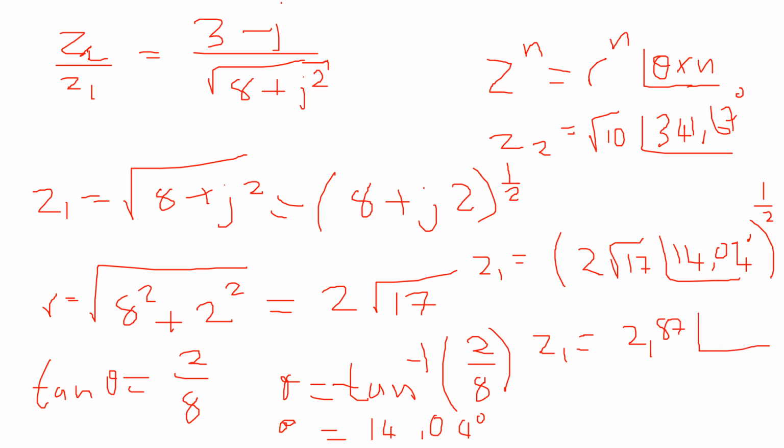Remember, the angle will multiply this, so it's going to be 14.04 multiplied by 1 over 2, which is going to be 7.02 degrees. Okay, so let me just erase here.